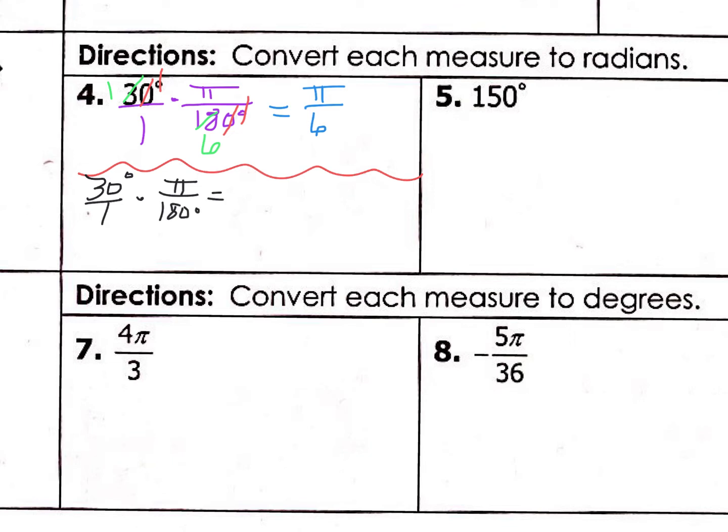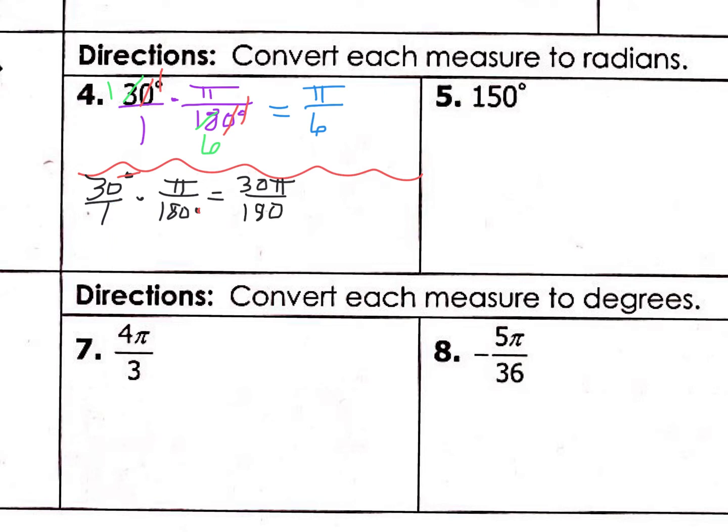And if I don't worry about cross reducing and I just multiply straight across like you do with normal multiplication with fractions, 30 times pi, and of course we're still going to assume, because the purpose of this is that our degrees do indeed cancel out. So 30 times pi is 30 pi over 1 times 180 is 180.